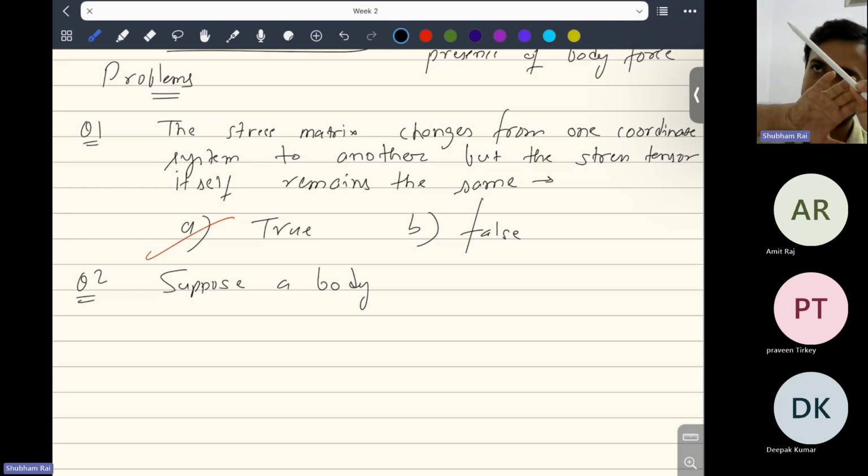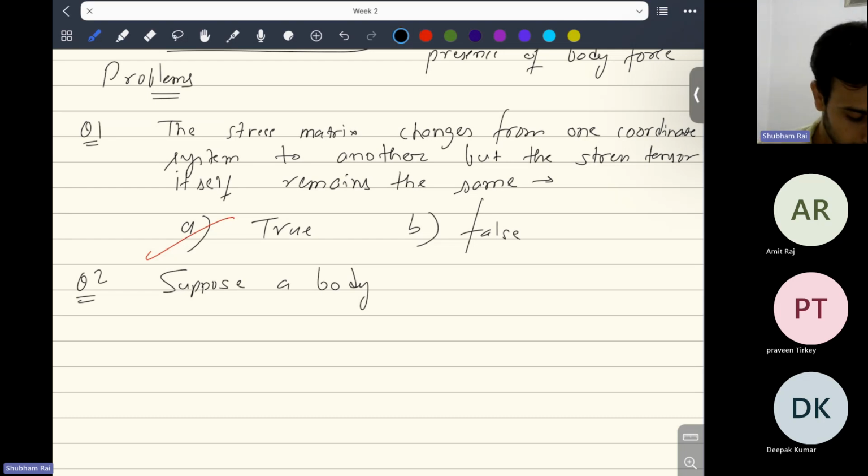It will be aligned this side only, it will have this much magnitude only, right? Only that it depends on which coordinate system you take, its component, its projection on that coordinate system is going to change. Similarly, this is the same thing with a tensor also, a second order tensor also, which is stress.